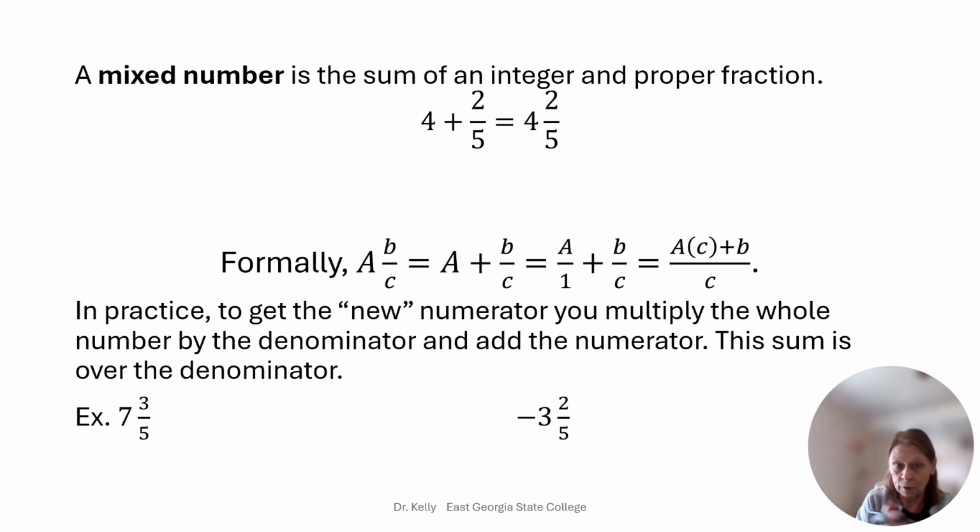So here's the formula, and we'll do a couple down here, but the idea is that the whole number part is over 1 added to the fraction piece. So this is the whole number part, and this is the fraction part. And that makes sense when you see how it's built up, right? Whole number and fraction.